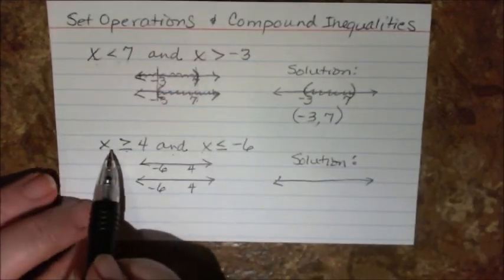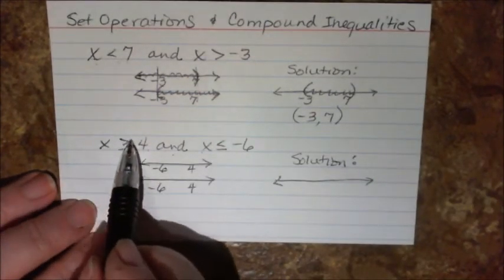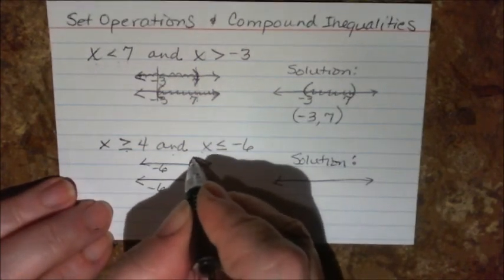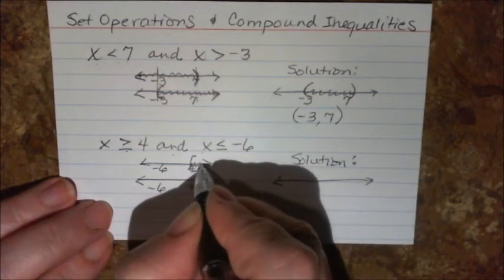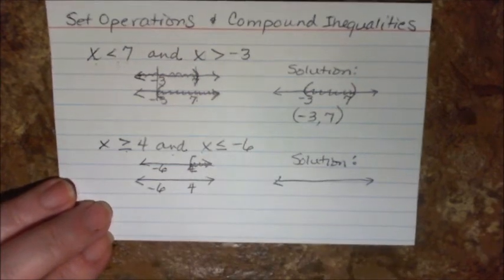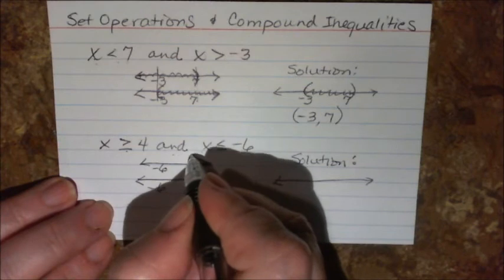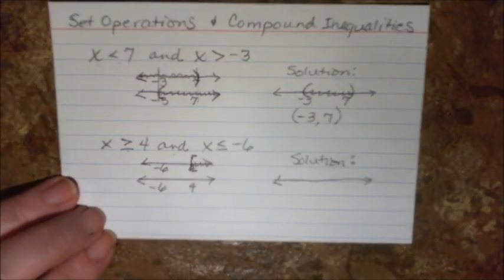Okay, let's graph x is greater than or equal to 4. So here's 4, and greater than or equal to looks like this, doesn't it? Takes off at 4 and goes to the right for greater than or equal to, bracket for or equal to.